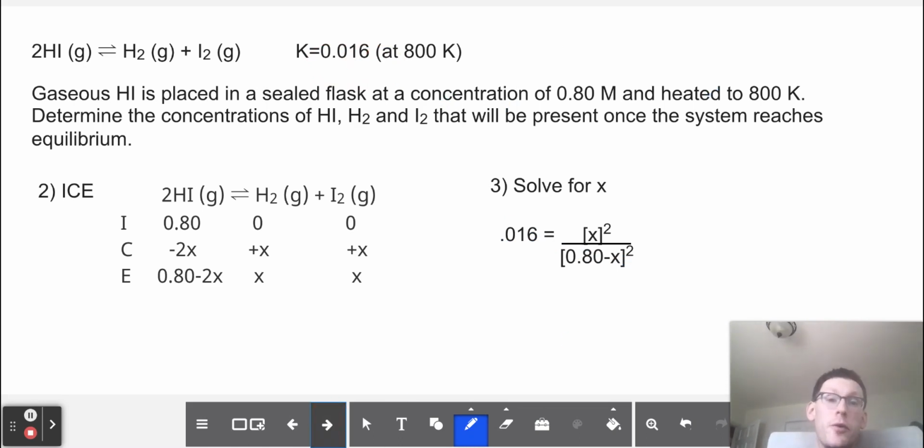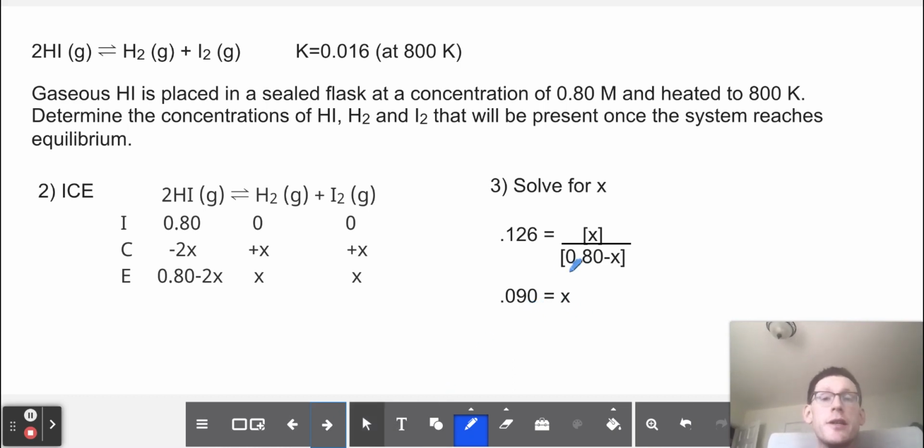Now, this, of course, simplifies to 0.016 is equal to x squared over another square. And so this allows us to take the square root of both sides. And this comes out to 0.126 being equal to x over 0.80 minus 2x. And if we do a little bit of math magic, we get to x is equal to 0.090 molar.